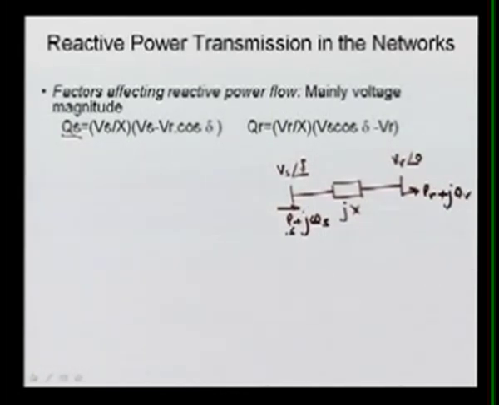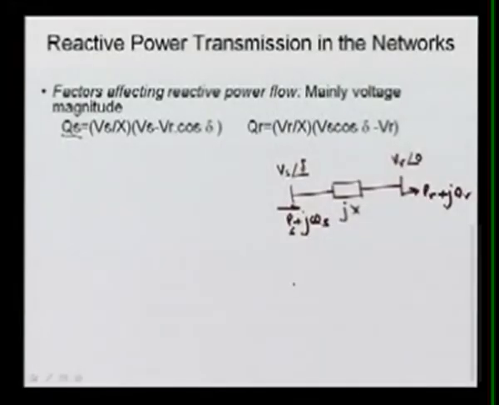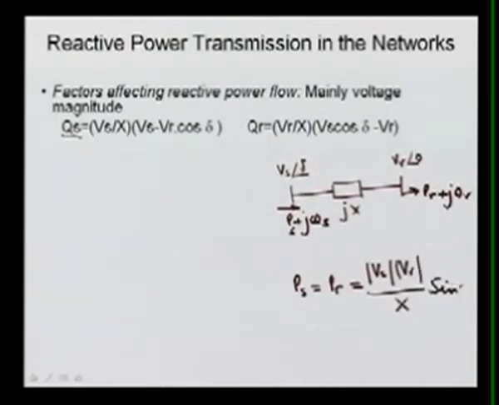So this PS and PR will be equal because there is no loss. Here I have assumed this line is lossless, and then PS will be equal to PR, and it will be equal to the Vs magnitude times the Vr magnitude divided by X sin delta.